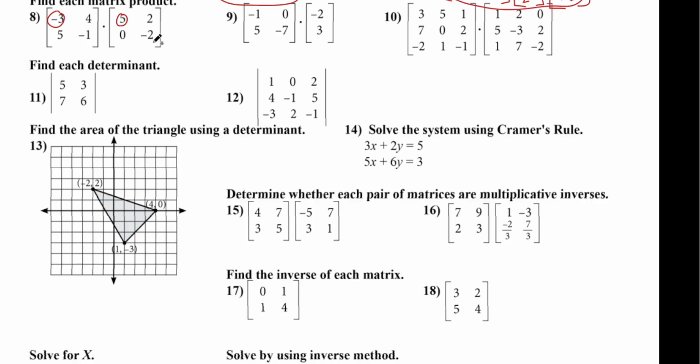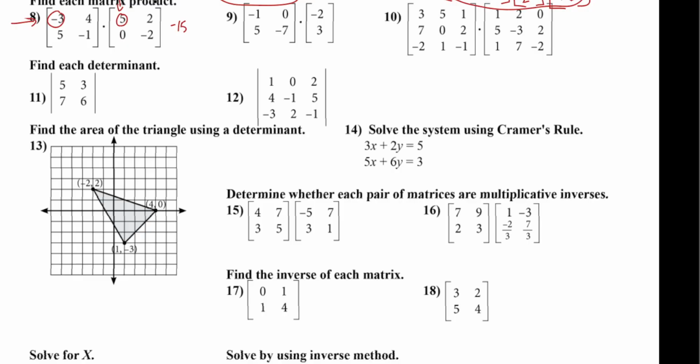All right, everybody watch. Even for the people that have had this before, you may forget how to do this. You're going to multiply these together, the first and the first. We're going to multiply the first row times the first column. What's negative 3 times 5? Negative 15.